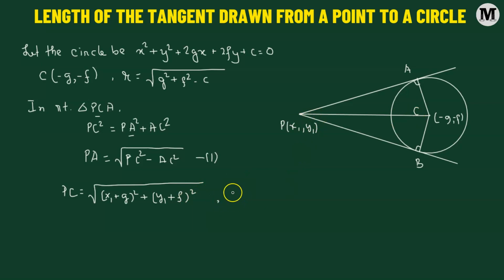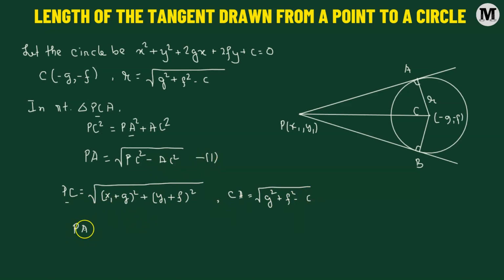And then we can also find the length of CA. Now the length of CA is nothing but the radius of the circle. We have already found CA, which equals the square root of g squared plus f squared minus c. Now we'll substitute PC and CA into equation number 1.